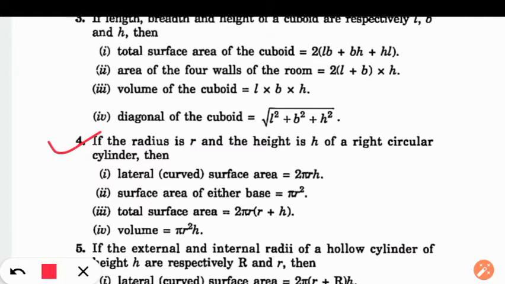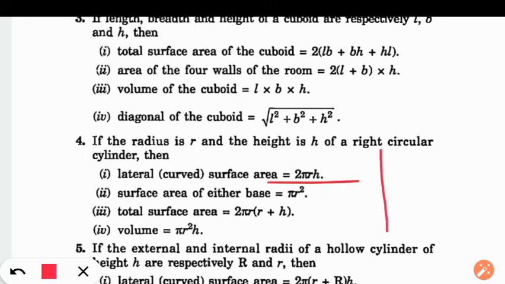Now come to point number 4. In point number 4 what do we have? We have formulae related to the right circular cylinder. Right. So what is the first formula? Lateral or curved surface area of the cylinder is 2 pi RH. Right.